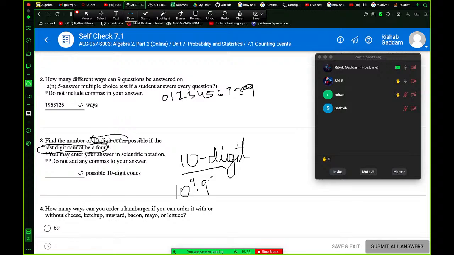How is it 10 to the power of 9? Because there's 9 digits before the 10th digit. The last digit cannot be 4. Oh yeah, because you use the same digit again and again. You're not going to use the same digit again and again, but the last digit can't be 4. That's just it.